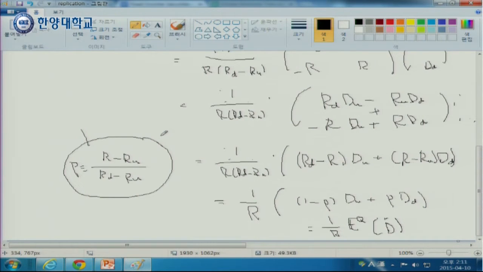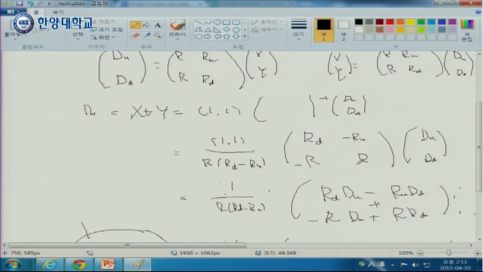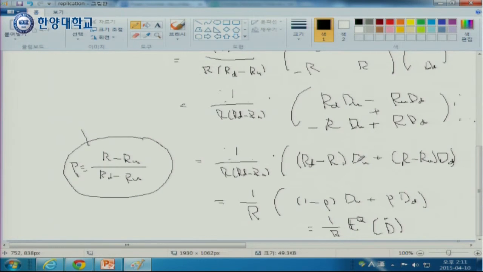But anyway, this leads to a very interesting interpretation. If we take a look at this one, we calculated the expected value of the cash flow and we discount it with the risk-free rate, right? This is the short-term rate. R is this one, 1.009, so this is the risk-free rate. So we are basically computing expected value and discounting with the risk-free rate.